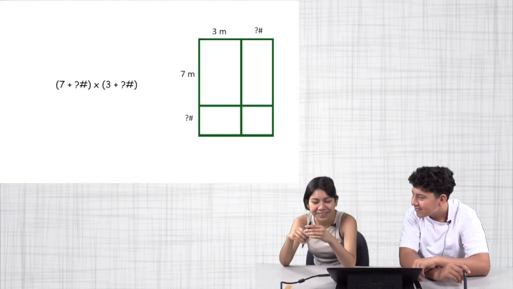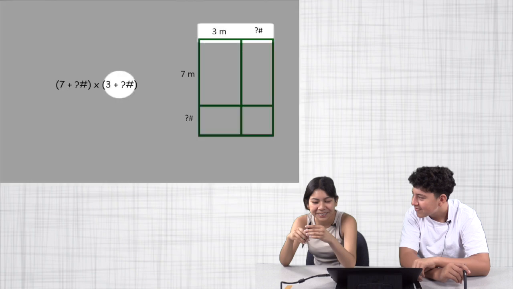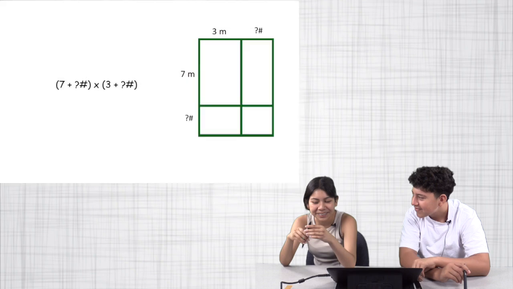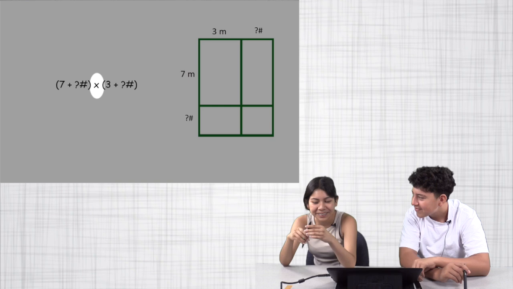Then, they found the width of the new garden by adding the width of Ariana's original garden to the increase in width. Finally, they multiplied the length by the width to give them the area of the new garden.